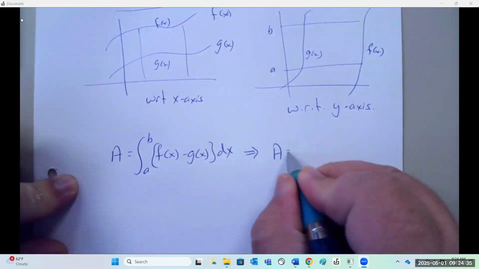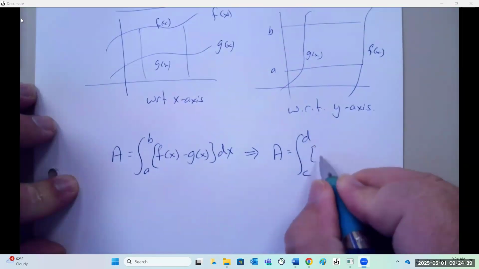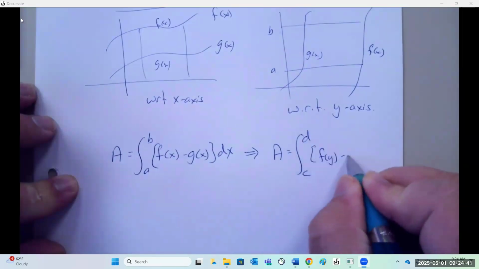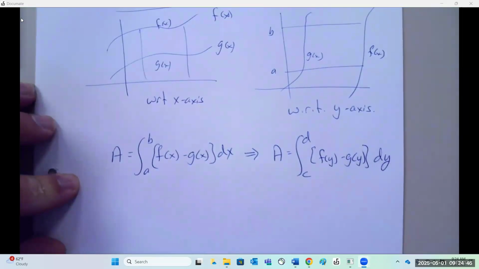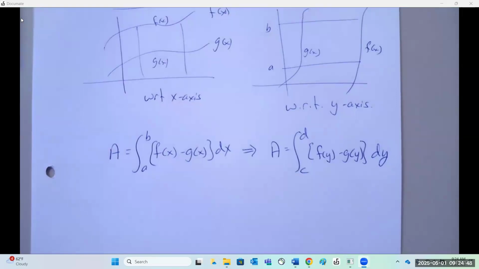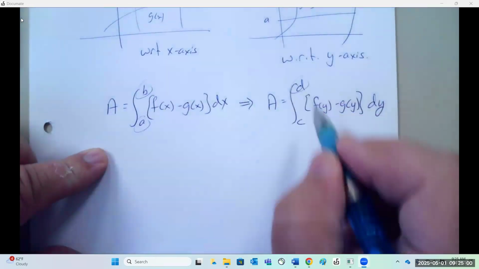Now we can find the area with respect to f of y minus g of y dy. So you see, we have to change the bounds and everything else that goes with it.